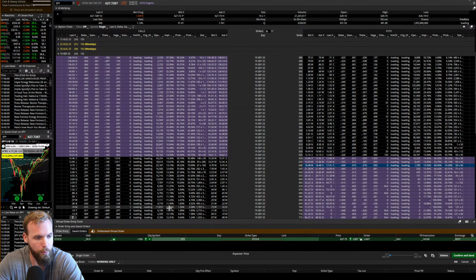And I can say, what's the probability of a touch? 2.58% probability of a touch and a 2%. So call it 2.25. There's a 2.25% chance that S&P touches this level before expiration, versus what I might be able to make if I expect anything within that move on the short puts.